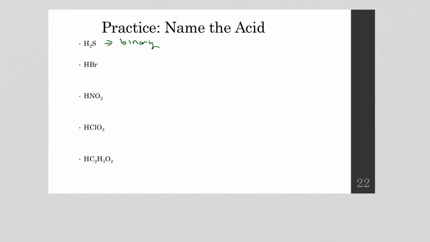And so that means the name is automatically going to start with hydro. Now, I didn't do it here, but we want to get in the habit of labeling all of these, if we're going to name an acid, as aqueous. So we've got binary, so the hydro, and then the nonmetal is the sulfur.